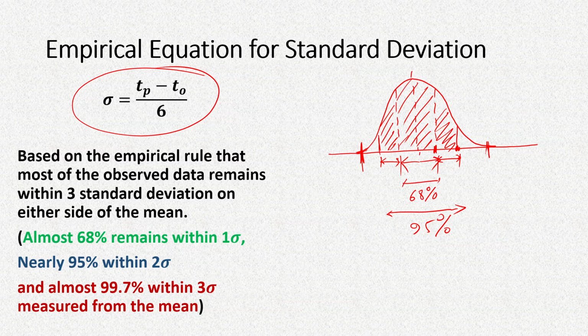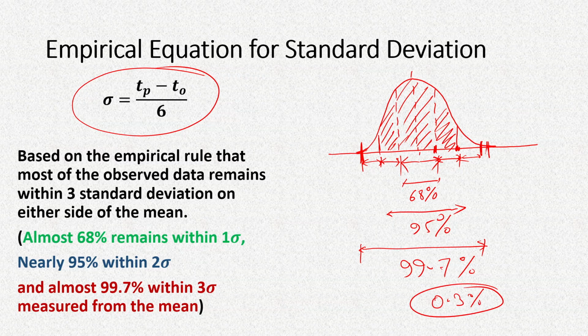And if we move to 3 standard deviations, this much, then it is found that it contains about 99.7% of all the data. If we move beyond 3 standard deviations, then the only remaining data is 0.3%. So it is quite insignificant, and these are very rare events or rare data or rare samples.